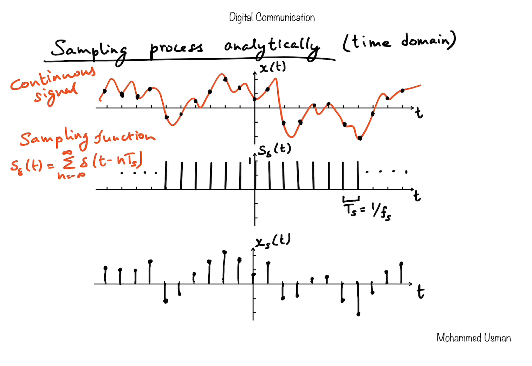So we can now write the sampled function xs of t. That's our sampled signal, which is our discrete signal, by the way, and we have obtained that by multiplying the continuous signal x of t and the sampling function s delta of t.